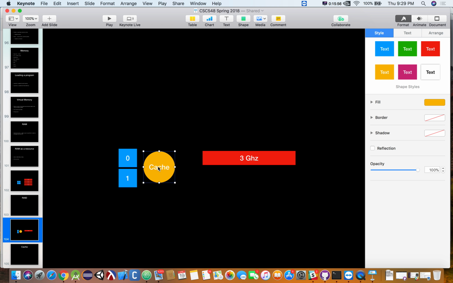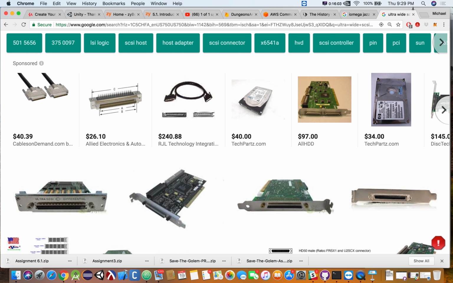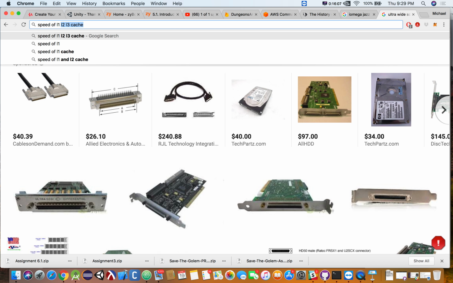So we can look at what's the actual speed of, let's just do a quick search. Speed of L1 cache.